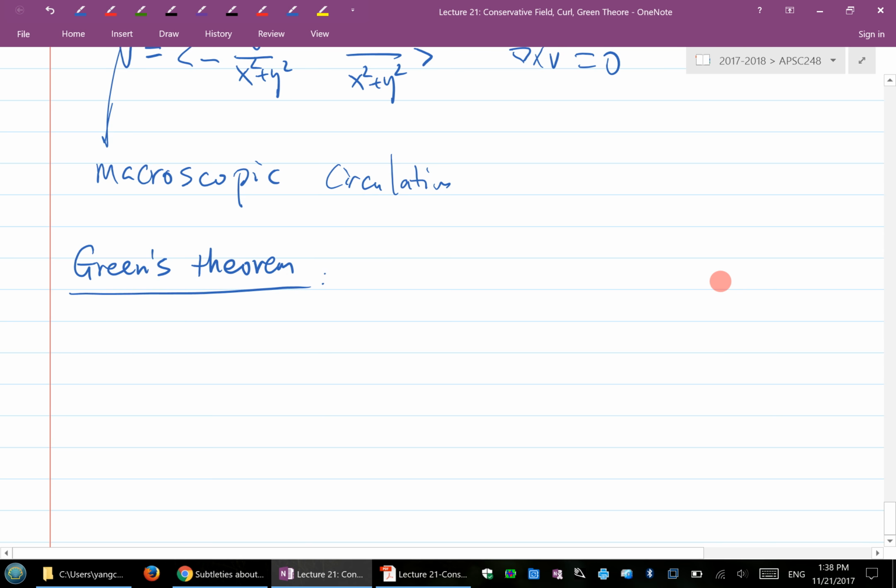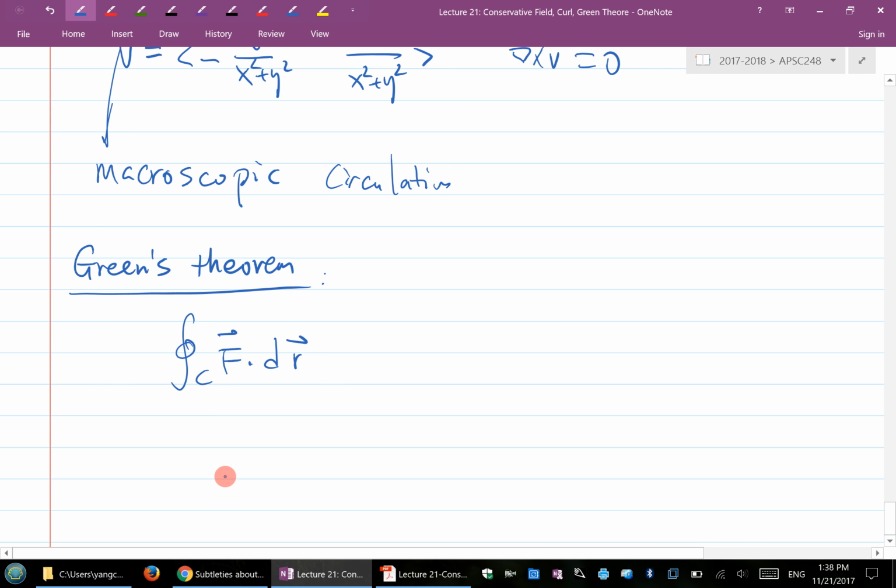Now imagine the situations that we have looked at so far. We look at a general vector line integral. You need to know the parametric equation for the curve C, and you need to have the vector field, and then we can calculate this vector line integral.